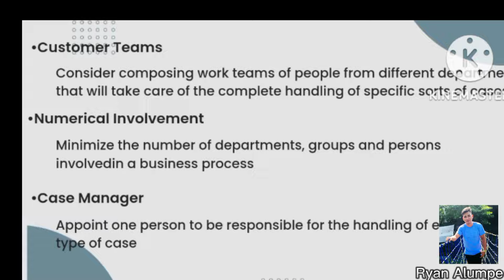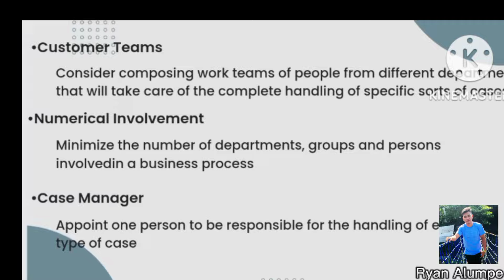Customer teams: consider composing work teams of people from different departments that will take care of the complete handling of specific sorts of cases. The heuristic calls for creating dedicated teams that have the time and the commitment to take on particular work.